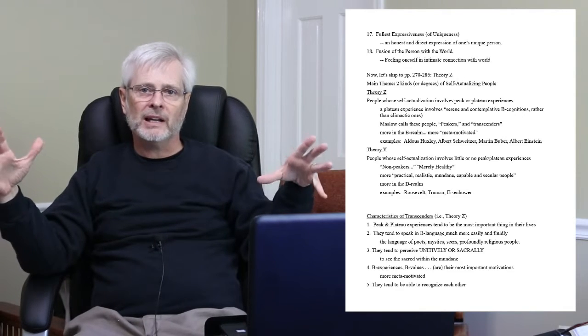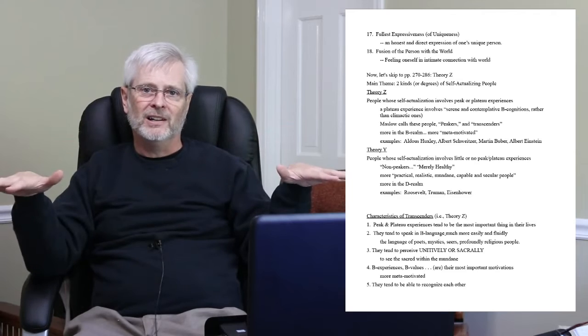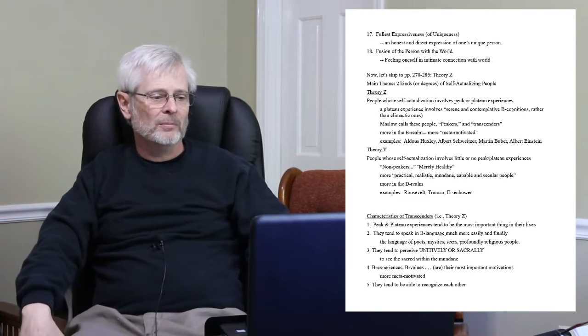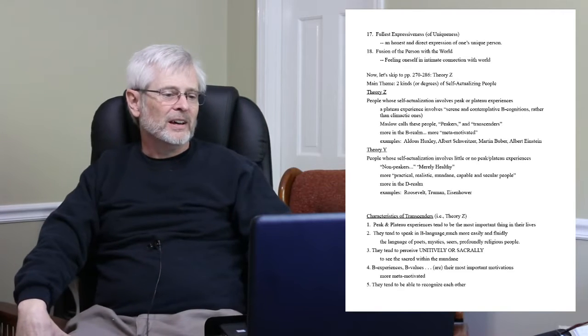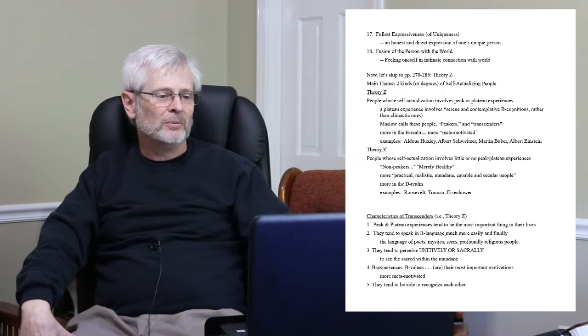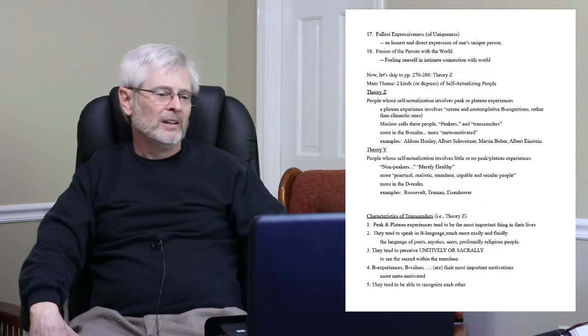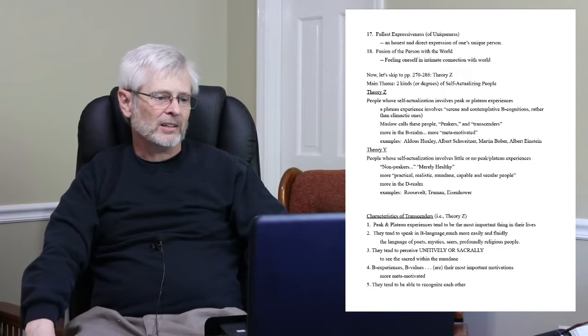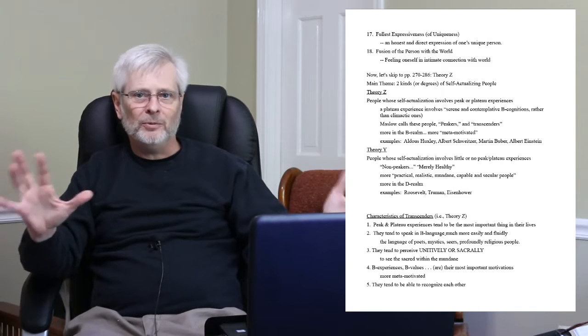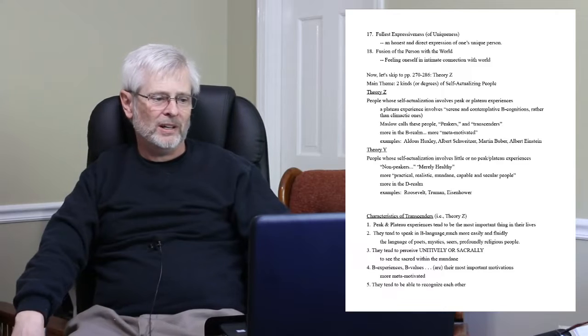So it's a little bit like a plateau in terms of topography. All right, so if you can hang with that metaphor or comparison, then hopefully that makes sense to you. So like I said, he describes it in terms of serene and contemplative B cognitions rather than climactic ones. So Theory Z involves some combination of these peak and or plateau experiences.